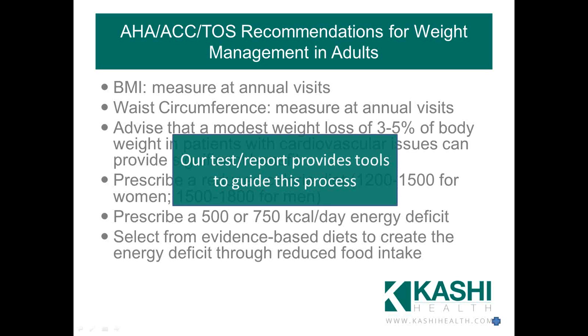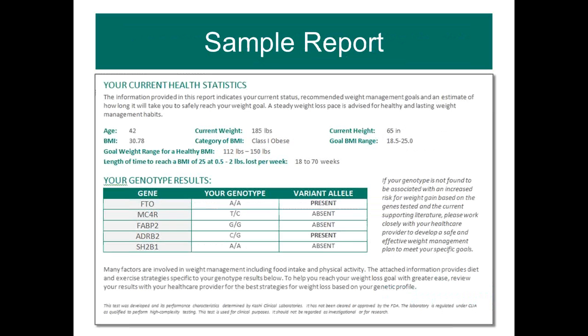What we've designed through our report tip-ins and our patient booklet is a report that provides tools to guide this entire process. In our sample report, you'll see we have a current snapshot of where your patient currently lies: their current weight, their current height, their current BMI.